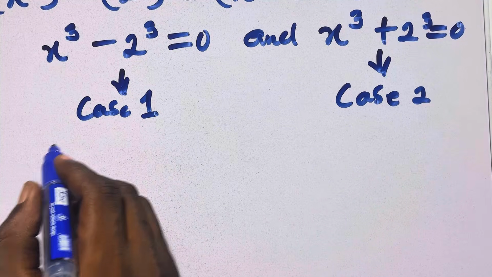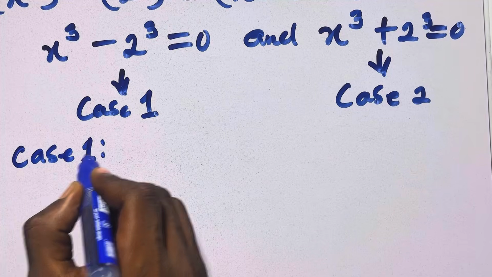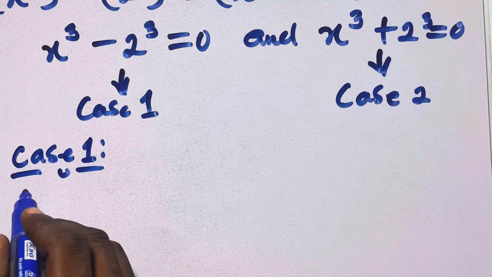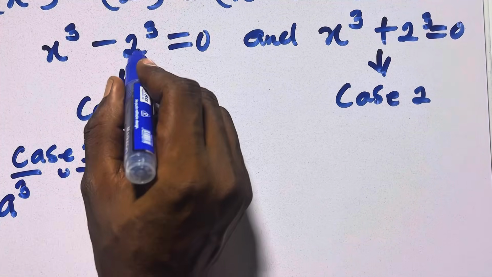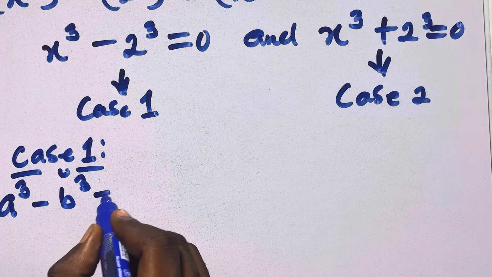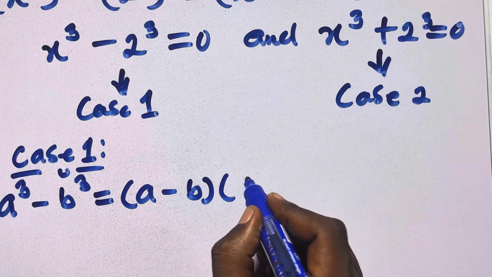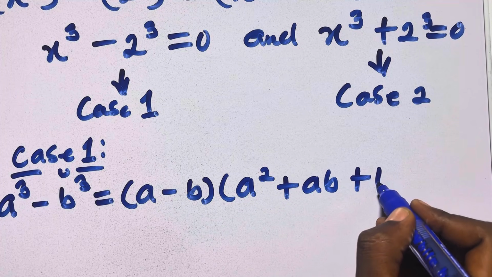For case 1, let's say we have an expression a raised to the power 3 minus b raised to the power 3. This expression equals a minus b, then a squared plus ab plus b squared.